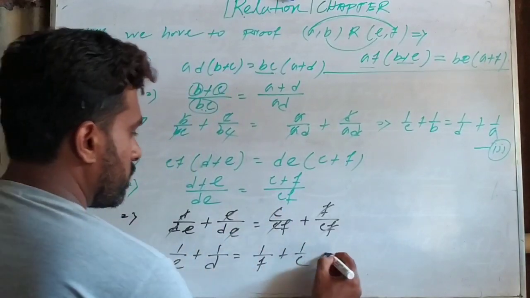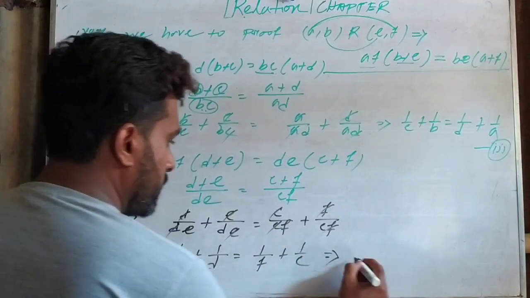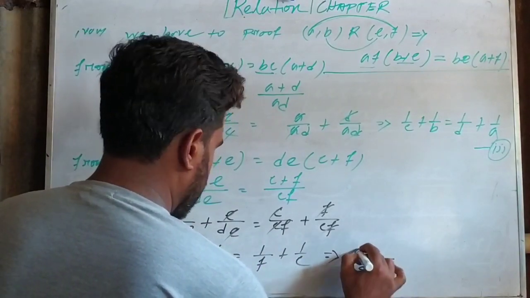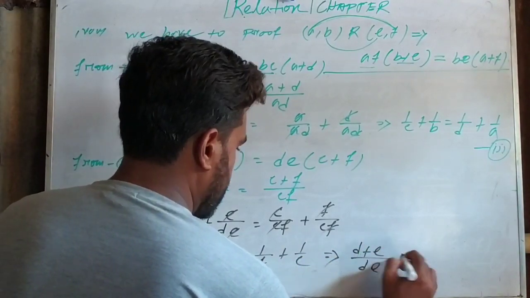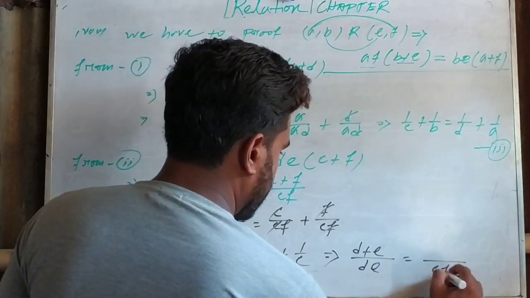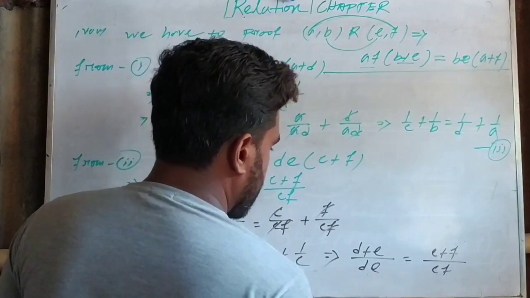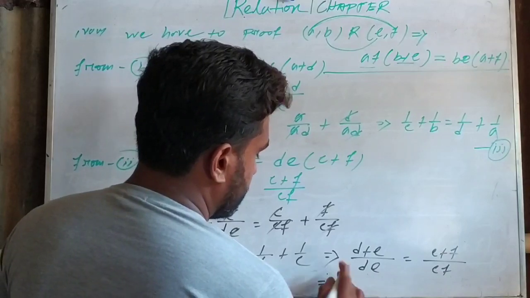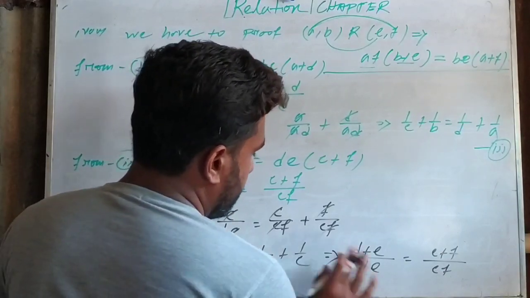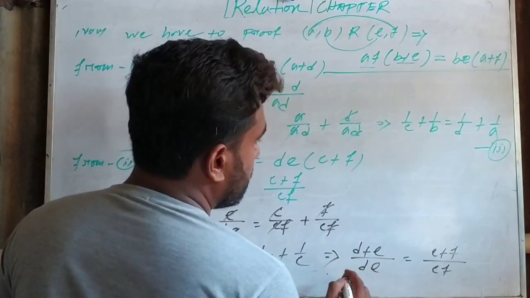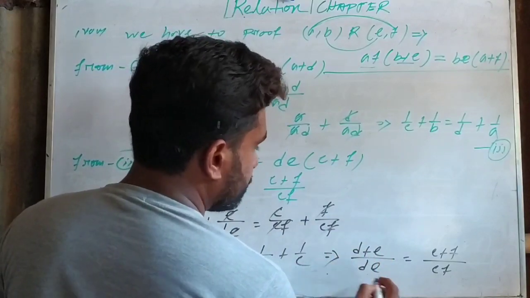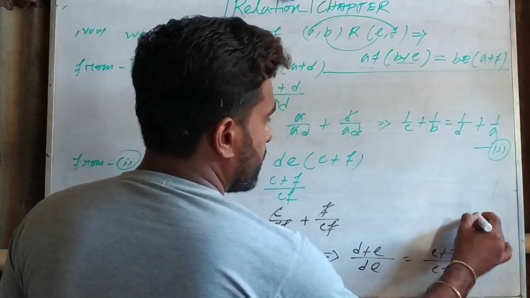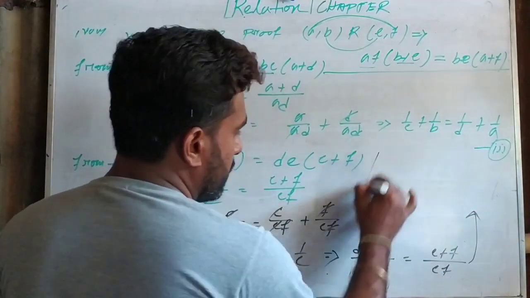Okay. Now LCM should be taken here. So I think de, d plus e, and cf, c plus f. Now if you multiply diagonally, then I think just multiply diagonally. Okay.